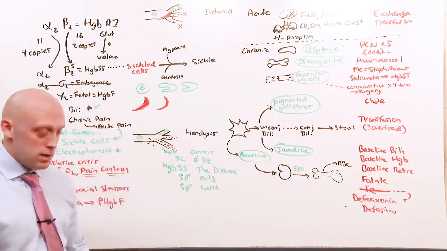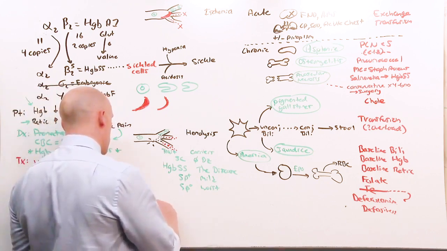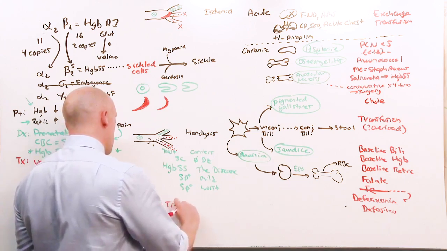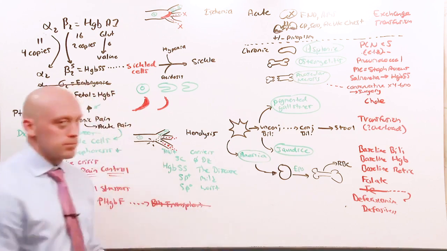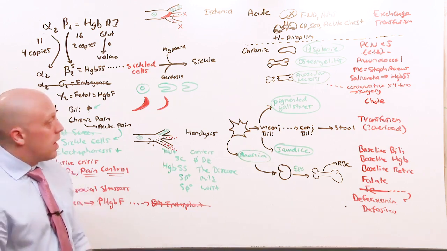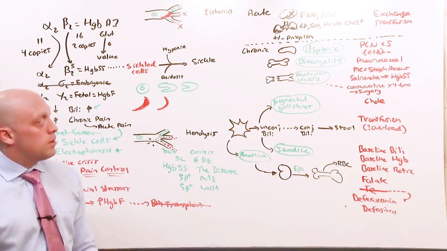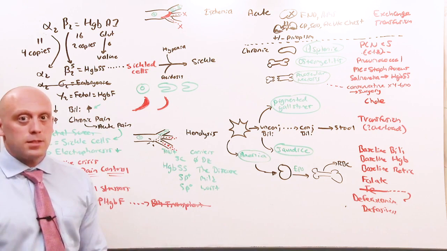So theoretically, you could do a bone marrow transplant, which has been attempted, but is not the recommended therapy yet. These patients usually die in their 40s or 50s and will have a difficult time getting in and out of the hospital. That is sickle cell disease.